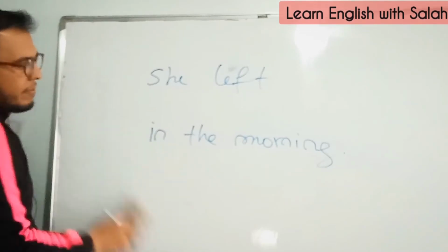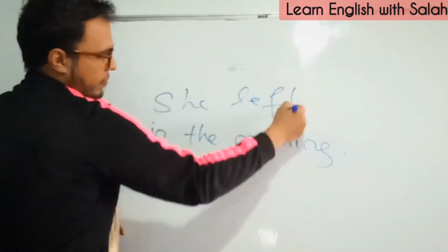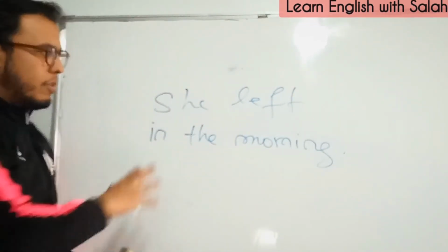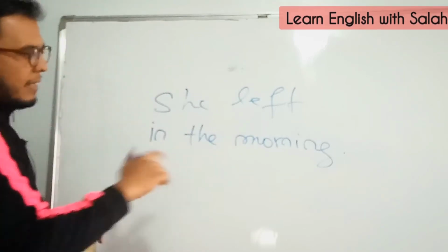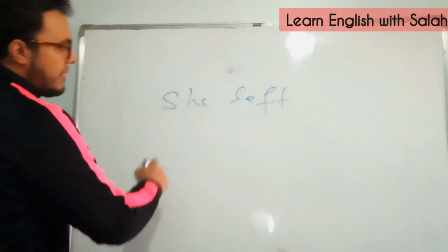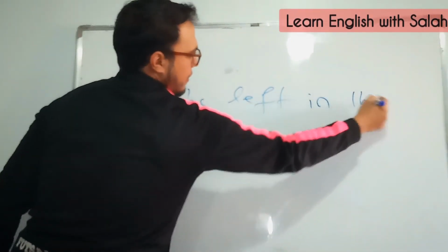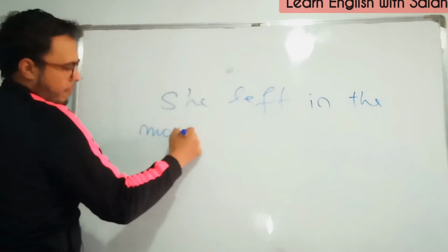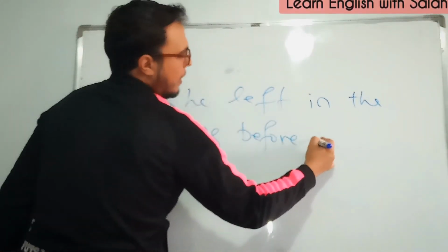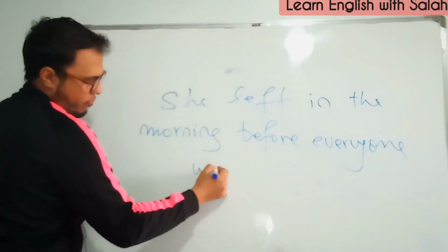So here, what do I have? She left in the morning, so it is an independent clause because it gives a full meaning. I can add a dependent clause here. I say, for example, she left in the morning before everyone woke up.